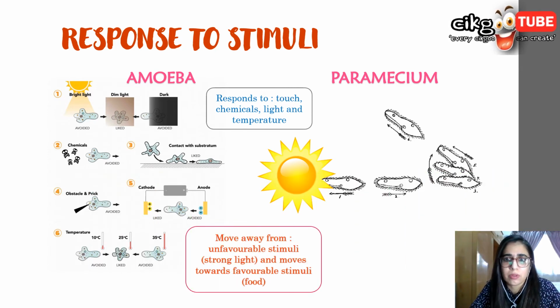Just like you: if you don't feel like going out because it's too hot, you stay at home and mostly you just go and open your fridge. You just do whatever you like. Same goes with amoeba and paramecium. They move towards whatever they like.